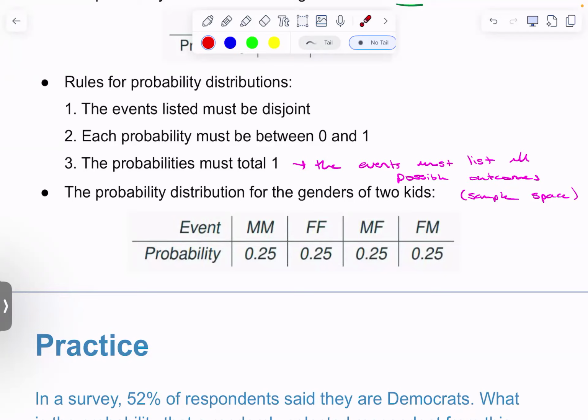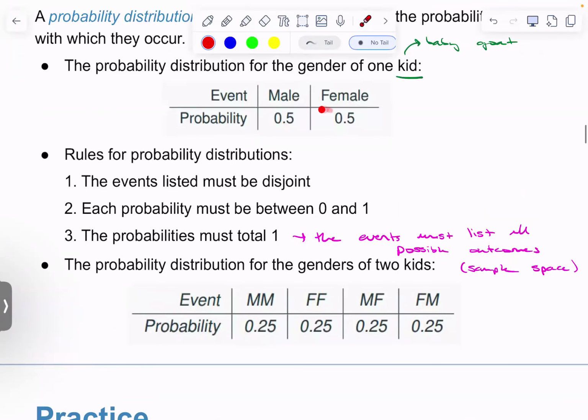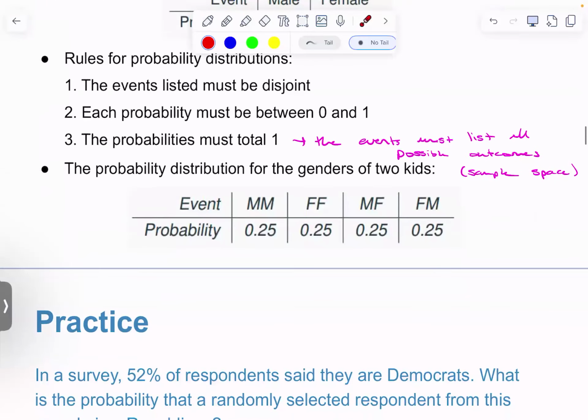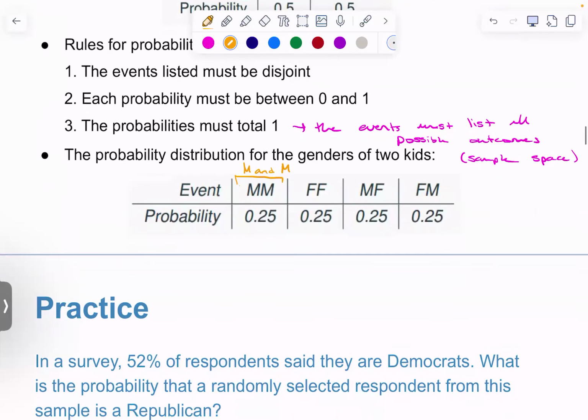And how we got to this 0.25 stems from these probabilities here for one kid. And so here, you can read this as male and male. And whenever we're saying and, it means the probability of male times the probability of male. So that's how we get to that 0.25, because 0.5 times 0.5 is 0.25.